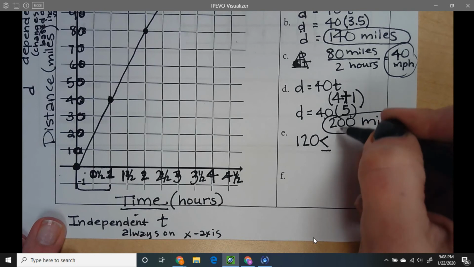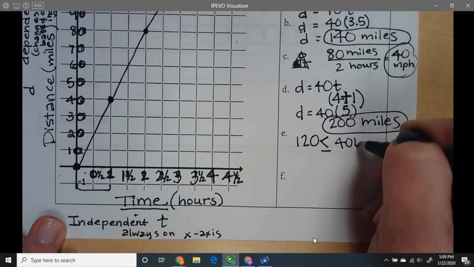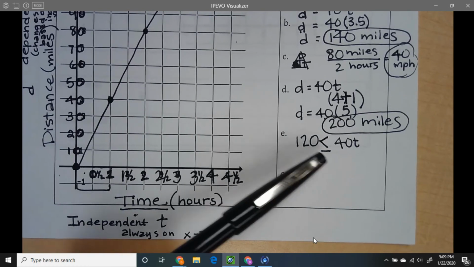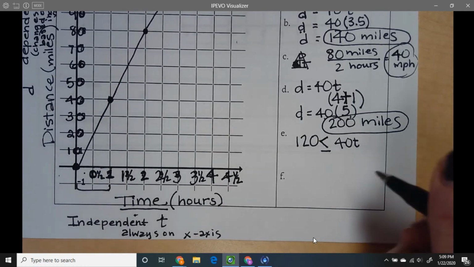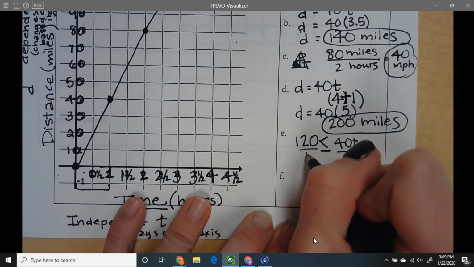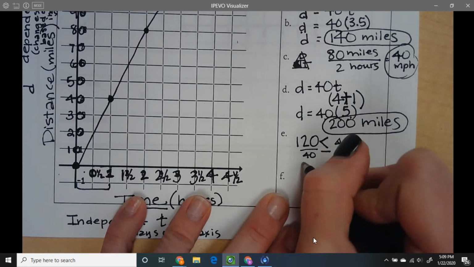It's the T, their time. So I made 120, and then I just need to solve this for T. So I'm going to divide both sides by 40. So this would be 3 is less than or equal to T.